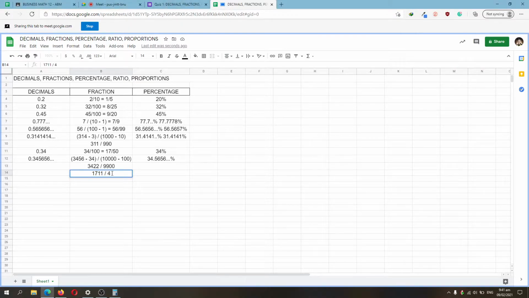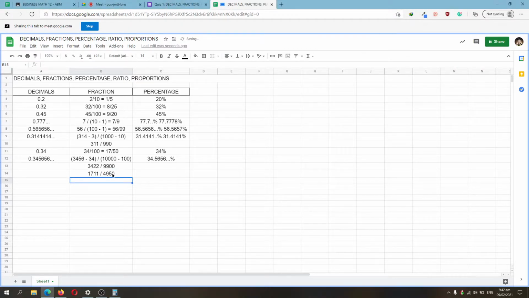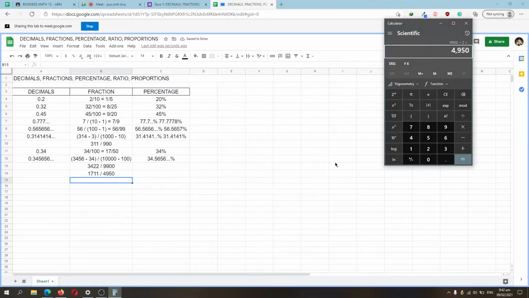So, 4,950. Pwede bang i-lowest term ito? 1711 divided by 3, that is not divisible. 1711 divided by 4, hindi rin. 1711 divided by 6, hindi rin. 1711 divided by 7, 1711 divided by 8, hindi rin. 1711 divided by 9, hindi rin siya.